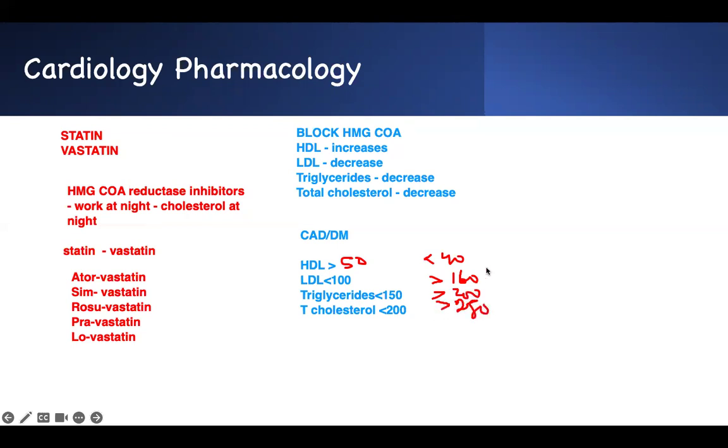If I give it to you and you come back 3 months later and HDL is almost 51, LDL is still greater, maybe 140, triglyceride is like 160, and total cholesterol is probably like 200, you still have to continue because they're moving in the right direction. Don't say it's not where you want it to be.